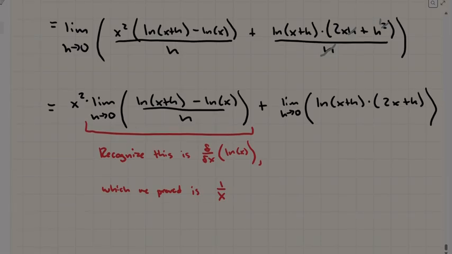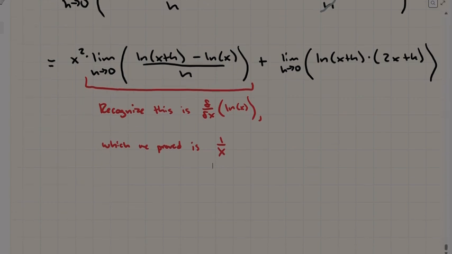And the second term, since we got rid of the denominator, there's nothing holding us back from evaluating the limit. So we should be pretty much done here. So we're going to have x squared times, now that whole limit expression, since it's the derivative of ln of x, turns into 1 over x.